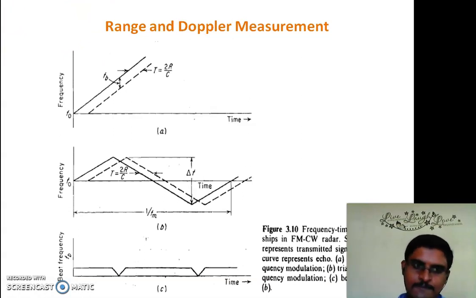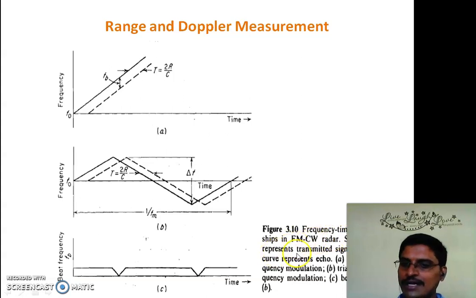Here the transmitted signal frequency varies linearly with time. Initially the frequency of the transmitted signal is f0, but that frequency increases linearly with time. Here the frequency changes with respect to time; this is the frequency-time relationship in FM CW radar.